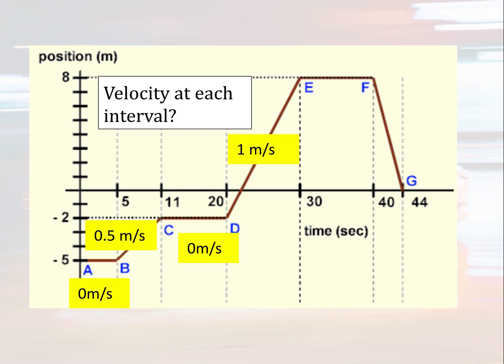From E to F, again, we have 0 slope, so our velocity is 0 meters per second. From F to G, we have a rise of 8 to 0, so that's a -8 rise. And then our run is from 40 to 44, so that's 4. So -8 divided by +4, we are going to get -2 meters per second.